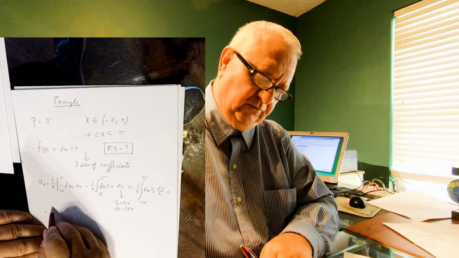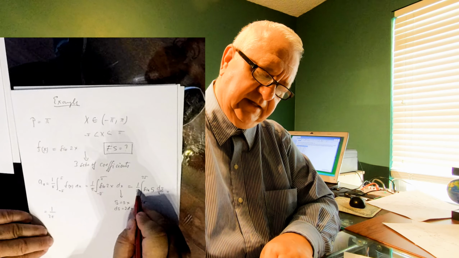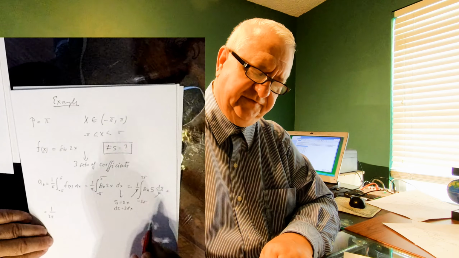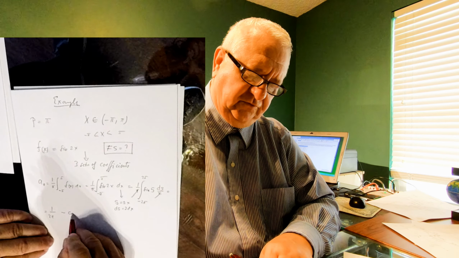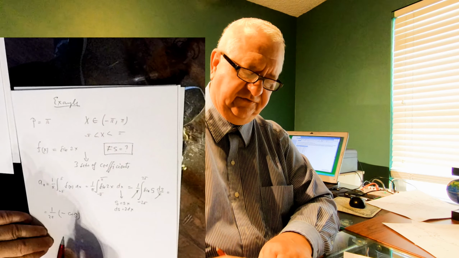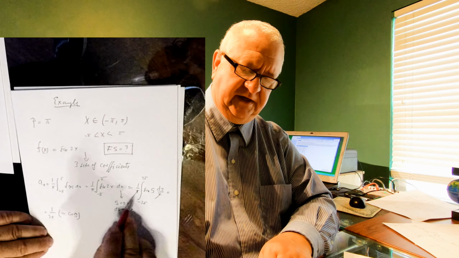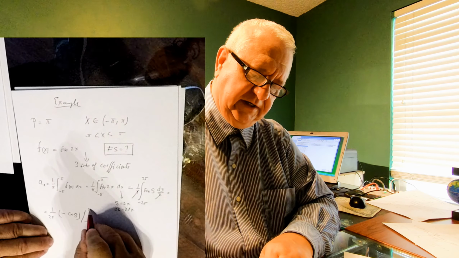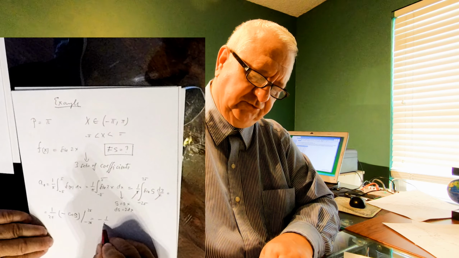So it results in 1 over 2 pi. I got the pi, I got the 2. Integral of sine of s ds is negative cosine of s. Derivative of cosine is minus sine, so minus plus sine. Between these two limits, minus 2 pi, 2 pi. That's minus 1 over 2 pi.